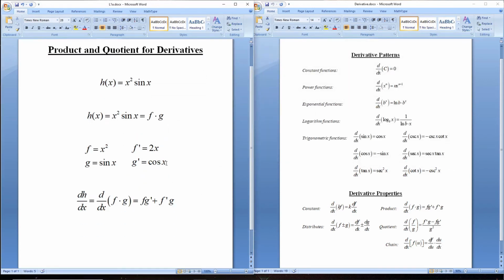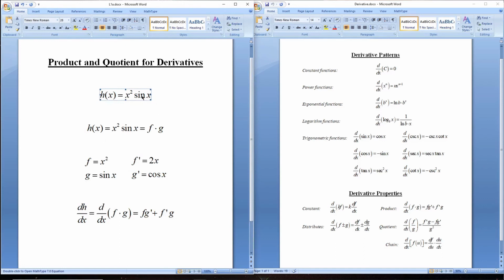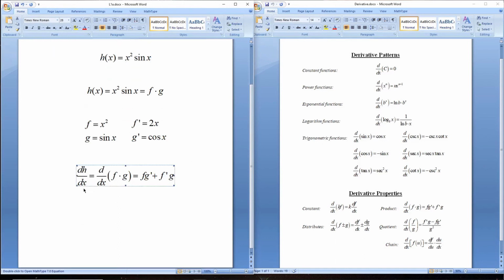And so we want the derivative of h. And now we have our answer on how to do that. The derivative of h with respect to x will be f times the derivative of g plus the derivative of f times g. So let's do that.